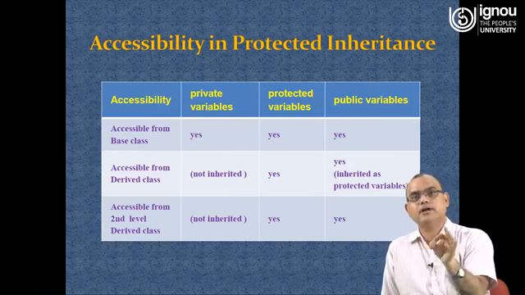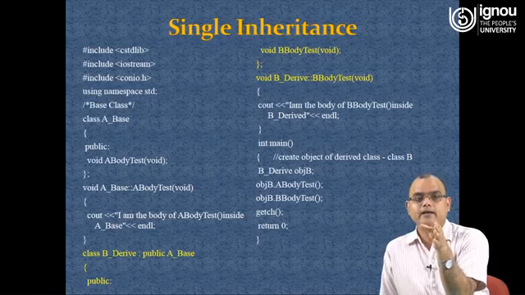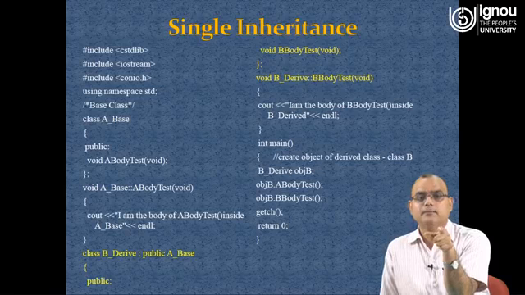Now here in this example, if you see the code, we have a class A. In that class A, we just have a method, A body test.